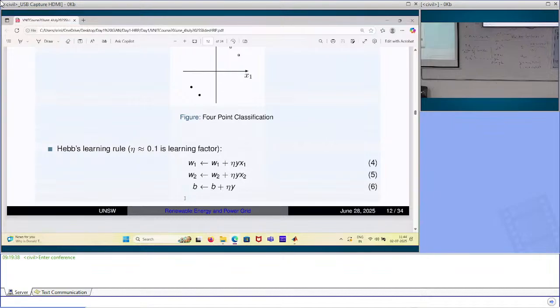So your line, in our familiar terms, will be x2 equals minus W1 on W2 times x1 minus B on W2. So the slope of your line is this, and the offset is that. Okay, I'll write it again.